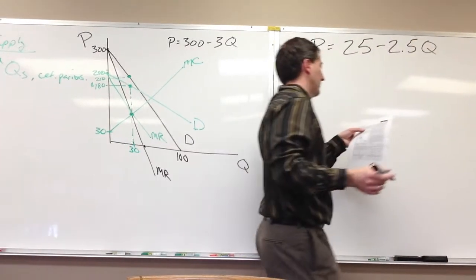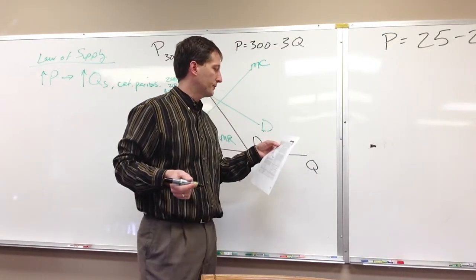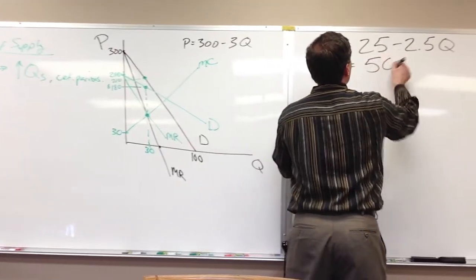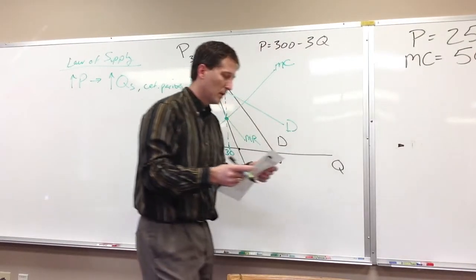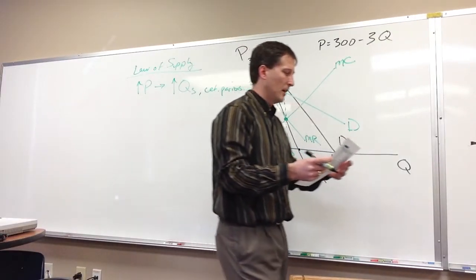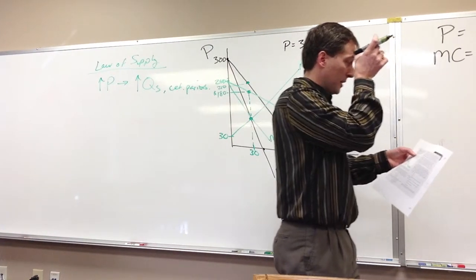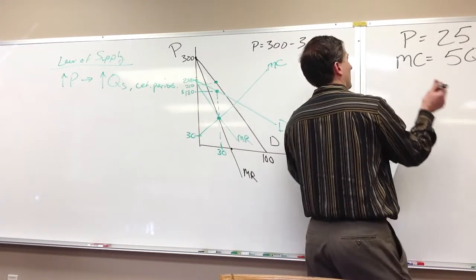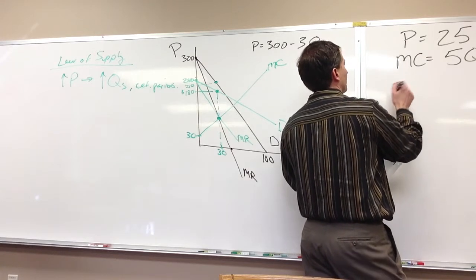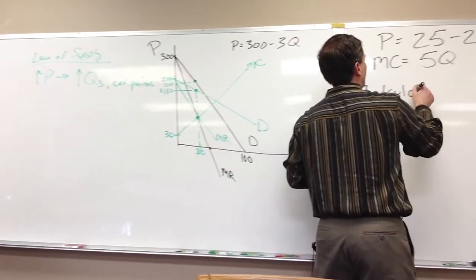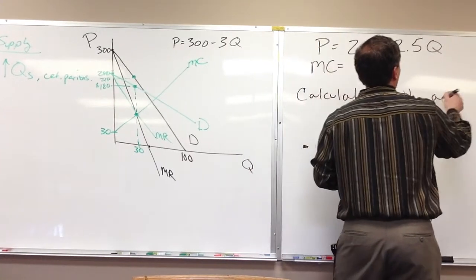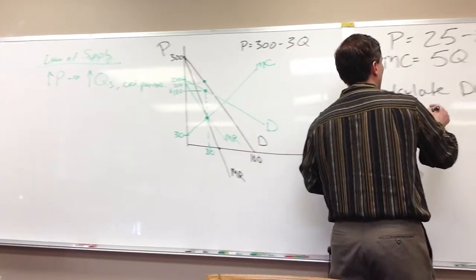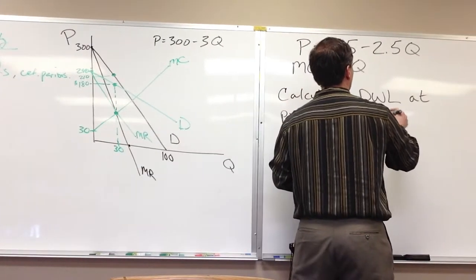And we had that for the inverse demand curve. And now let's add a marginal cost curve of 5Q. Well, we're not now adding, that was there before. So this question is to calculate the deadweight loss from market power at the profit maximizing output. So calculate deadweight loss at the profit max quantity.